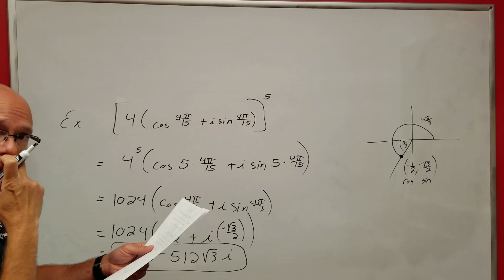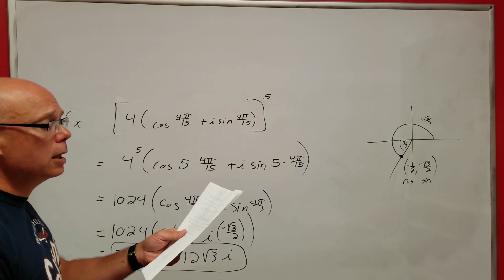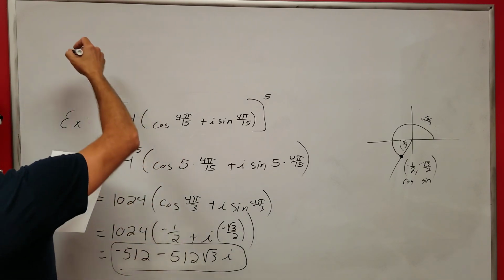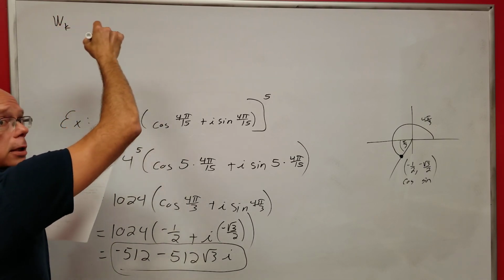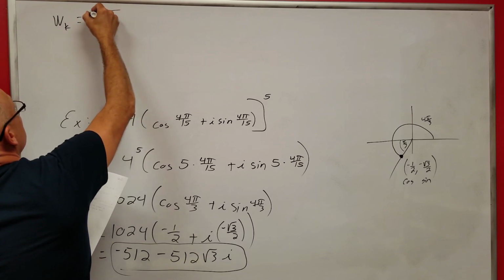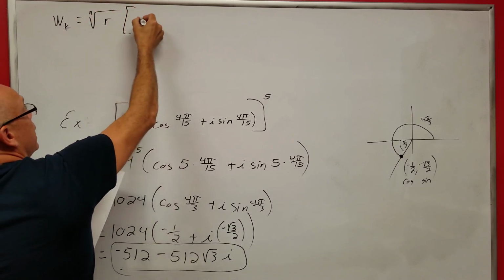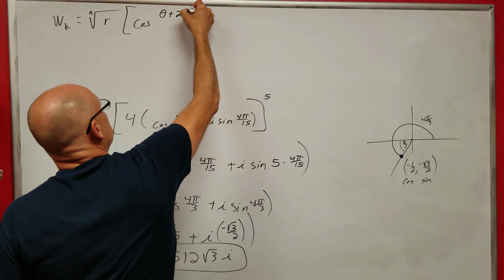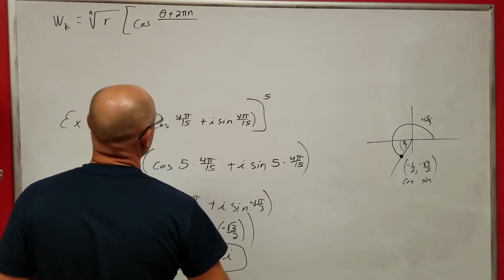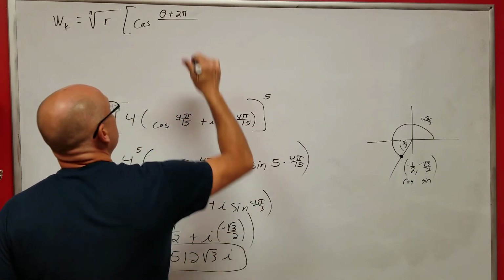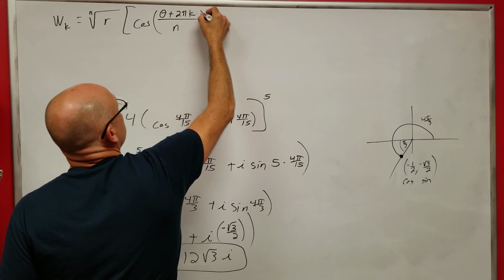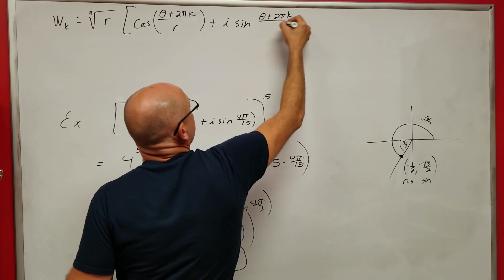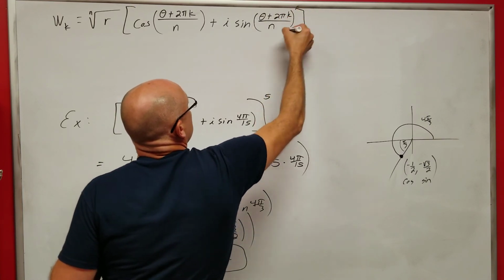If z is a complex number in polar form, then for an integer n greater than or equal to 2, z has n distinct roots of the form w sub k, equal to the nth root of r, times the cosine of theta plus 2 pi k over n, plus i times the sine of theta plus 2 pi k over n.